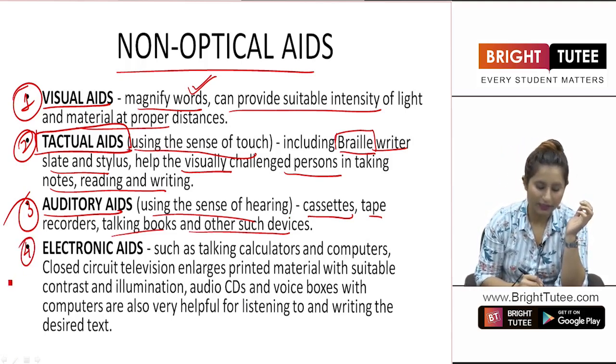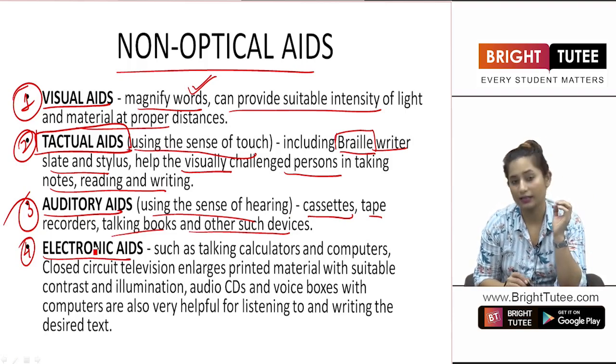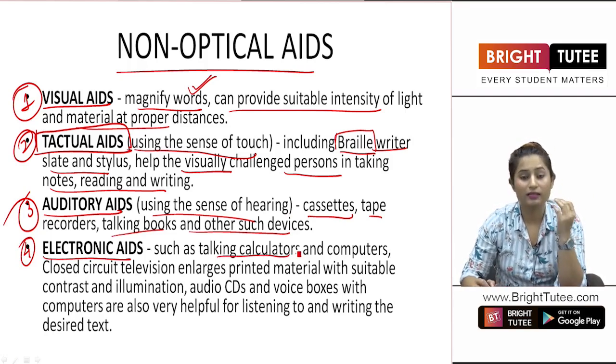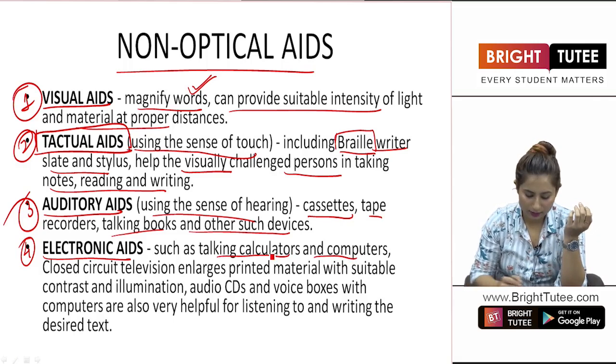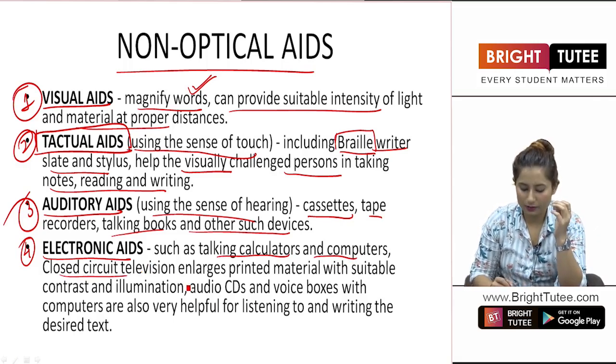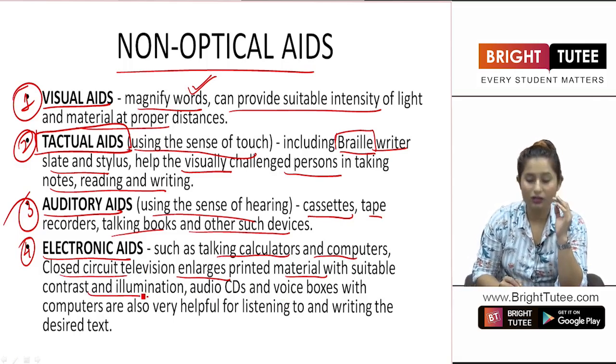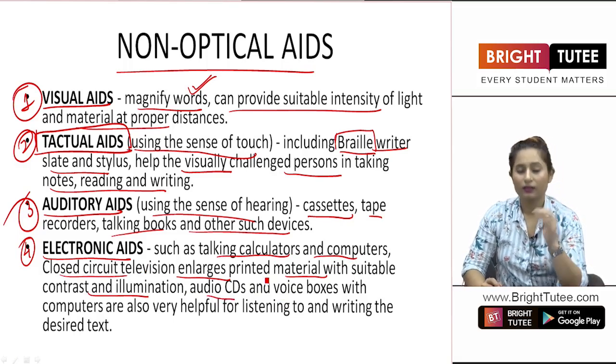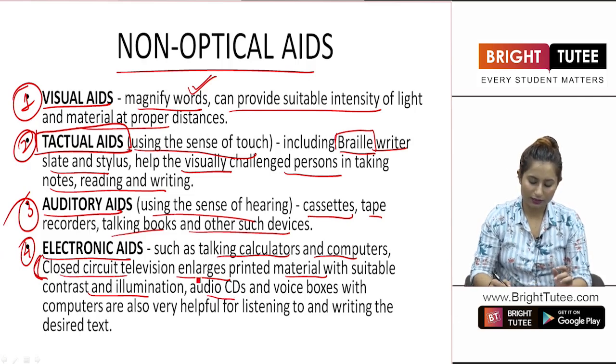Then the fourth kind of aids is electronic aids, such as talking calculators and computers. Closed circuit televisions enlarge printed material with suitable contrast and illumination. This is basically the closed circuit television.